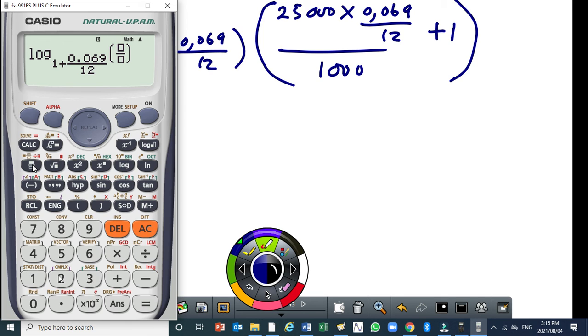So 25,000 times another fraction option, 0.069 over 12. I'm almost there. Then I have to divide this by 1,000. Since the calculator has put a bracket for me there, that plus 1 must be inside the bracket, not outside, because remember we said it's one number.